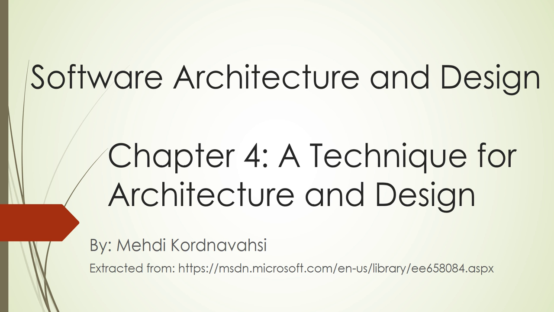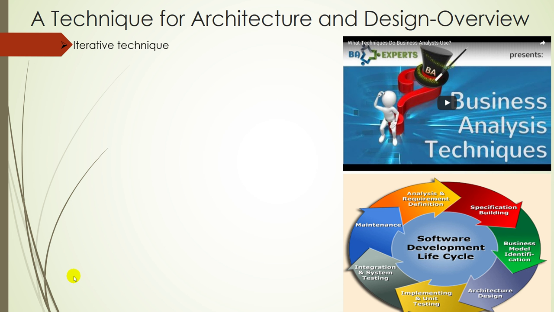We are going to talk about software architecture and design, chapter 4, reviewing some techniques for architecture and design of a software application. Let's start. This chapter describes iterative techniques that you can use to think about and sketch out your potential architecture.